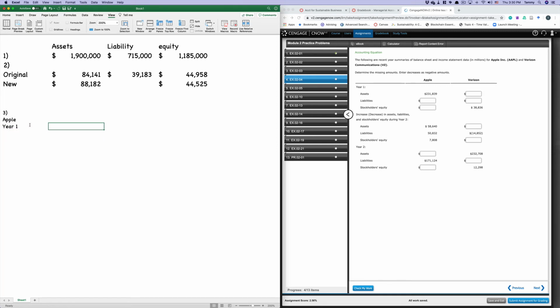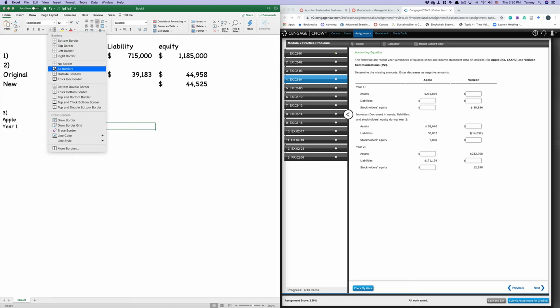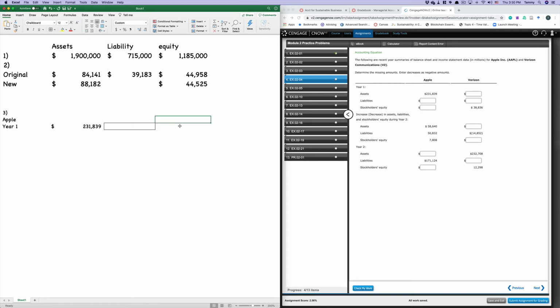Our assets were 231,839, and we don't know what our liabilities or our equity were. Let me give those a border. Then we have a change, and then we have year 2.